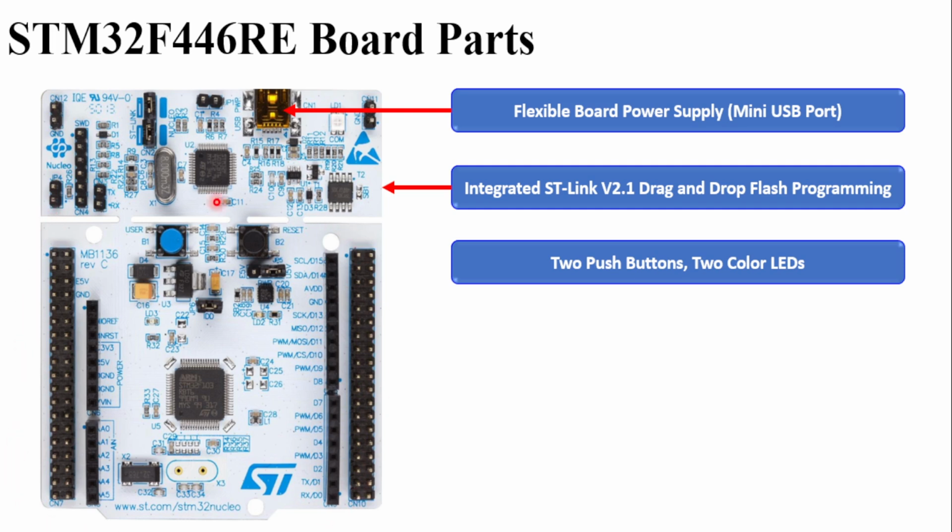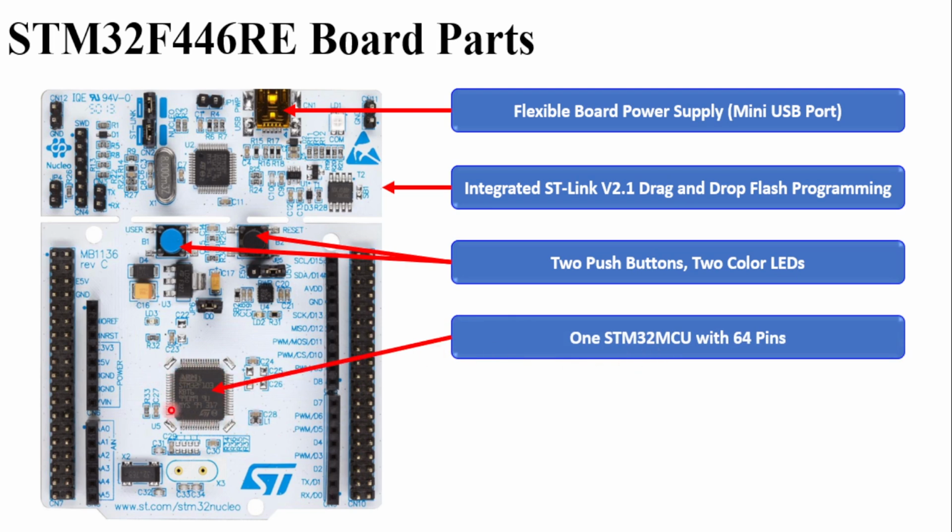The upper half is the debugger section, and the lower section contains the main microcontroller, which is located here. There are two user buttons available. One user button is for resetting the microcontroller, and the second can be used for normal usages. Of course, you can use the reset button also for other applications.